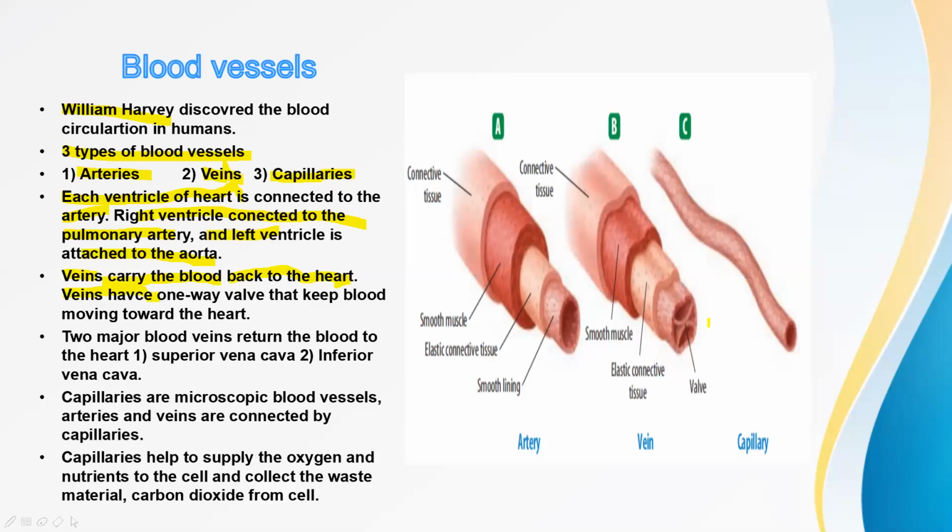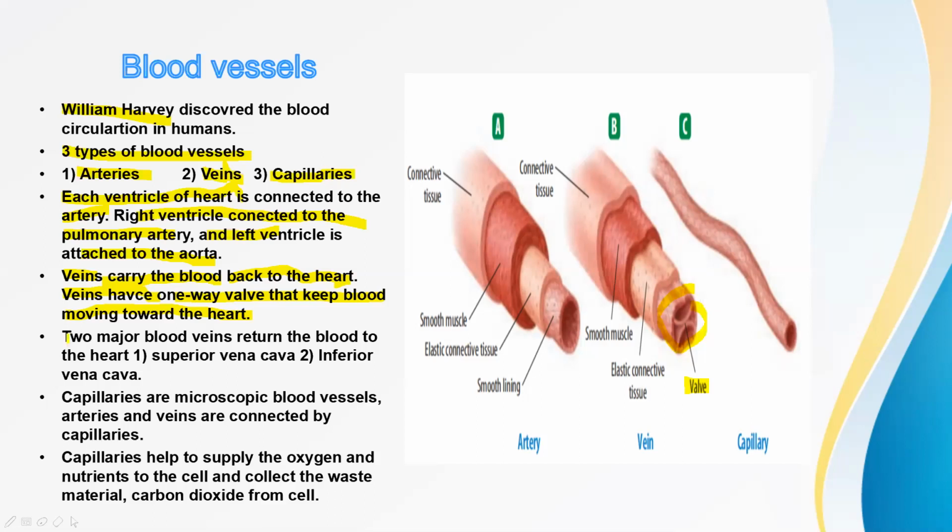When you observe veins, they have structures called valves. These veins have one-way valves that keep the blood moving towards the heart. This is a special character of the veins. You must remember, veins always carry deoxygenated, oxygen-poor blood.